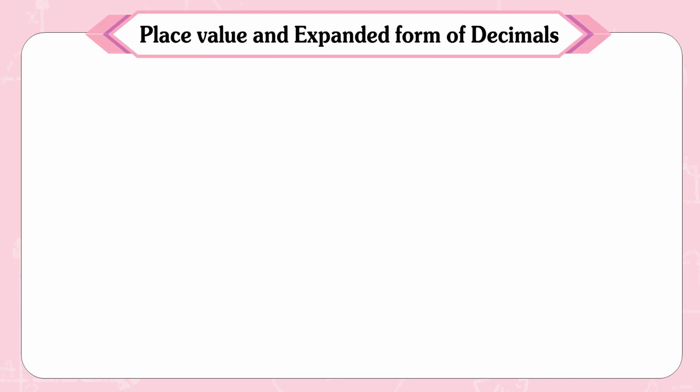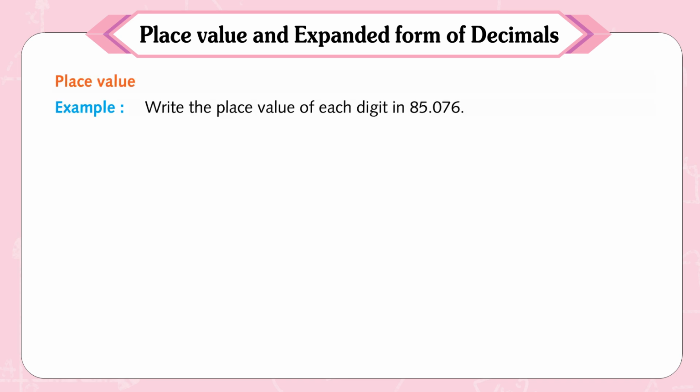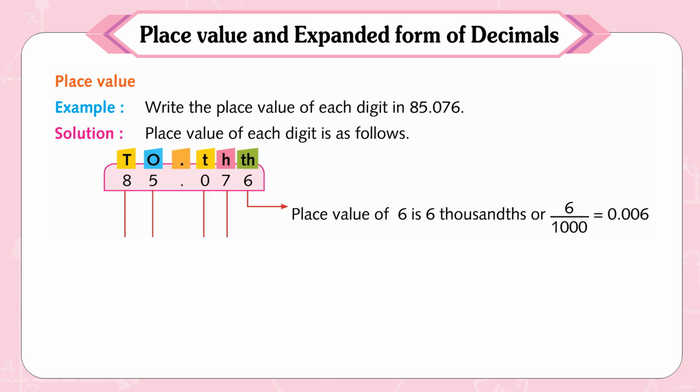Place value and expanded form of decimals. Place value. Example. Write the place value of each digit in 85.076. Solution. The place value of each digit is as follows. Place value of 6 is 6 thousandths or 6 by 1000, which is equal to 0.006.